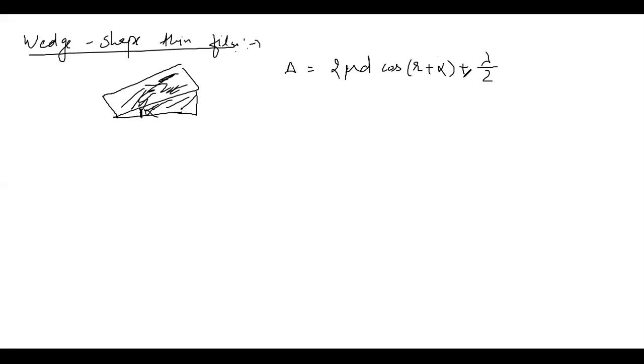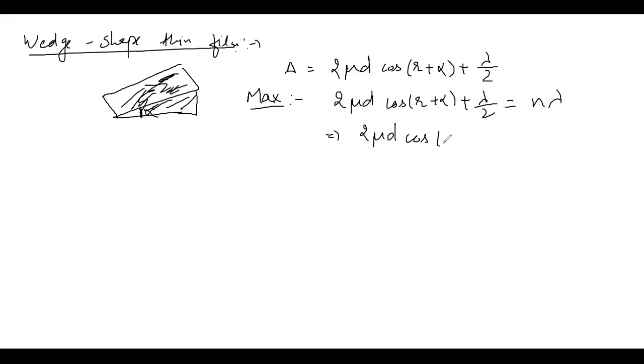From here, then we can easily derive the condition of minimum and maximum. If you want the maximum, then this path difference has to be equal to multiple of lambda. And from here, you can say that your 2 mu d cosine of r plus alpha is equal to 2n minus 1 lambda by 2, where your n has to start from 1 onwards.